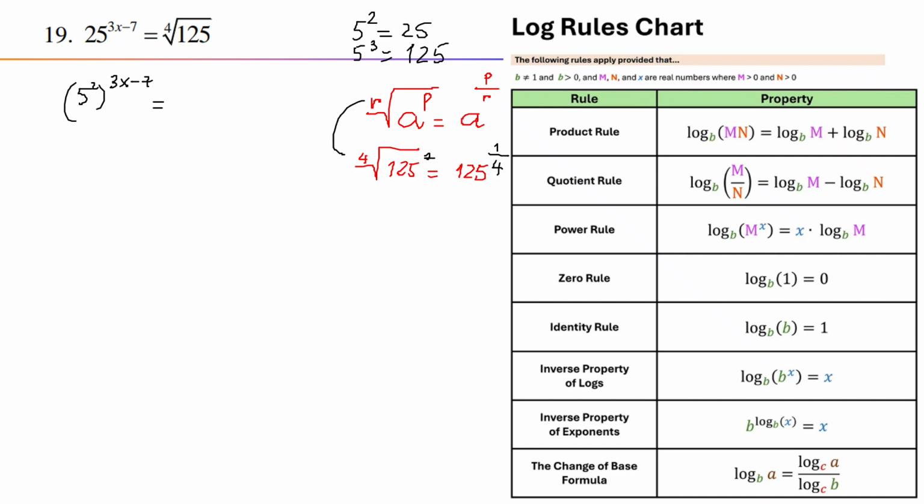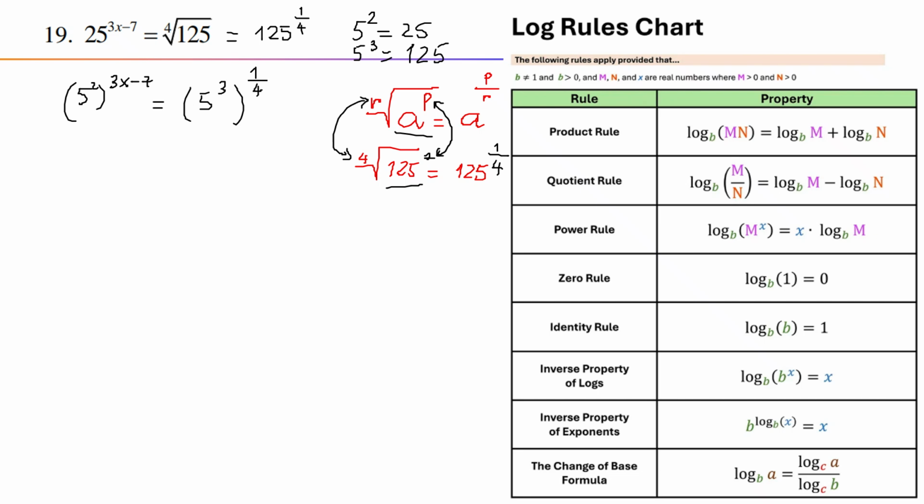The root is here, the power is here, and then the base is whatever number is under the root. So I will write this as 125 to the 1 over 4. And now I will replace the 125 with 5 cubed.